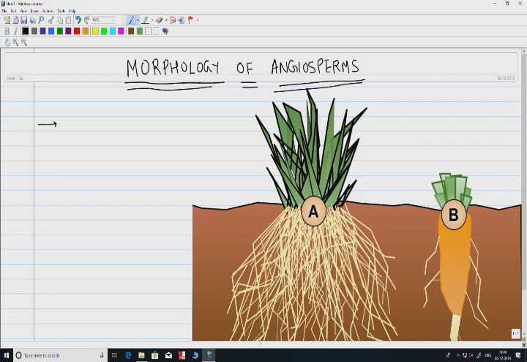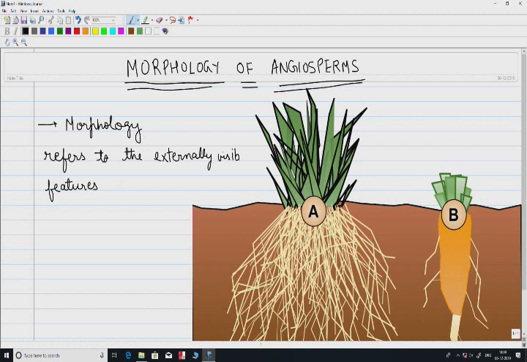Morphology refers to the external appearance, the external features, the externally visible features of plant organs.